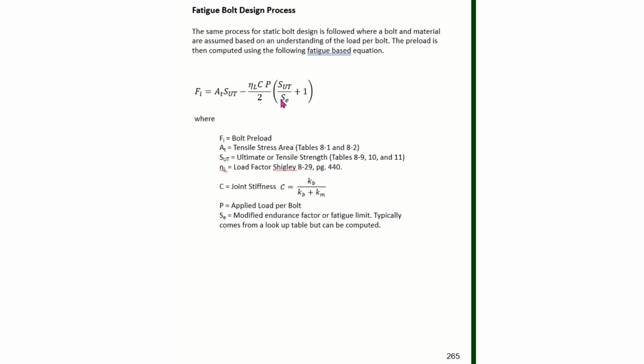But in terms of bolts and bolt design, we can often look up the endurance limit. We can find that in many manuals and machine design textbooks and handbooks that talk about bolt design. They will have a table of the modified endurance values.